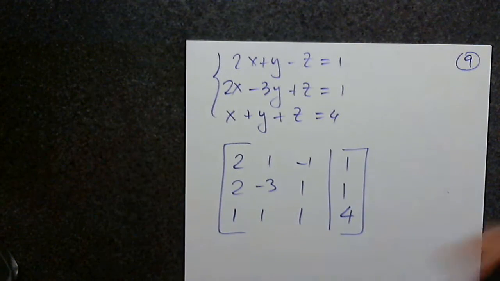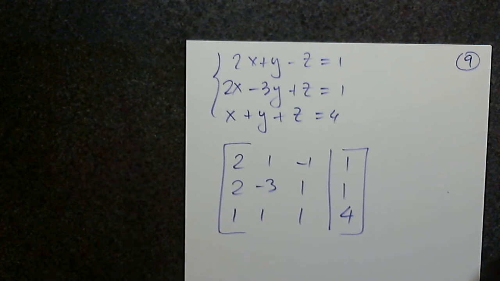What do we have to do first? Yes, I will swap them. I like this last row to be the first. Remember, the conditions can be rearranged in any order we like. It doesn't matter. The system would have the same solution. So swap the last row to the first row. Make the first row the last, and make the last the first.